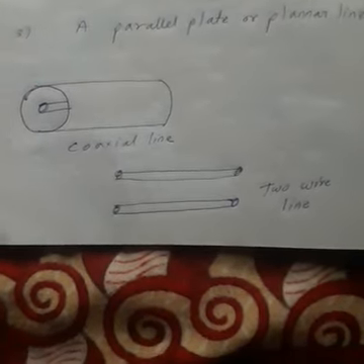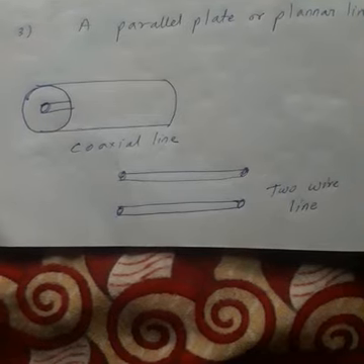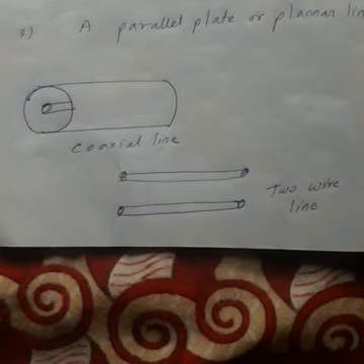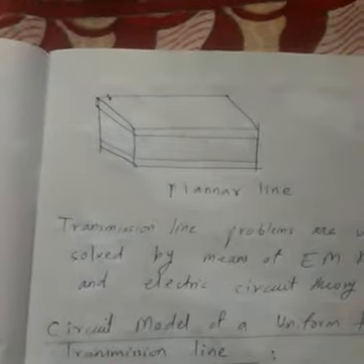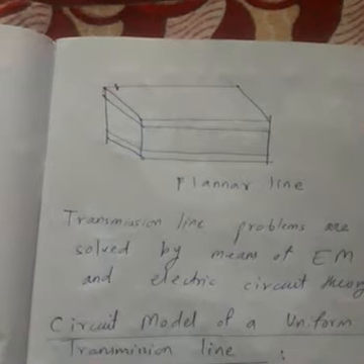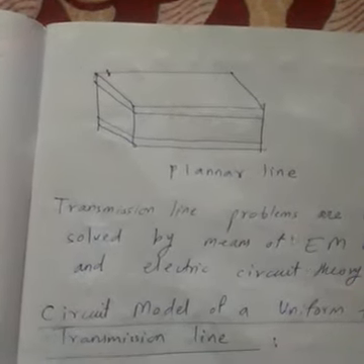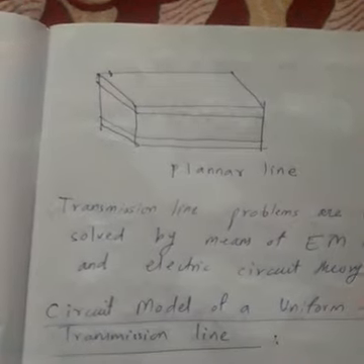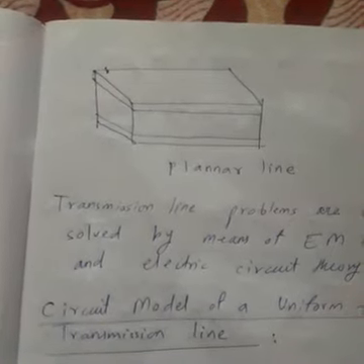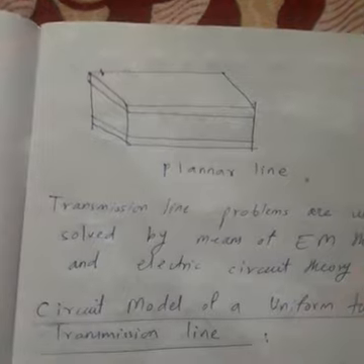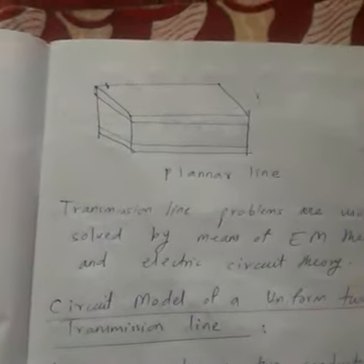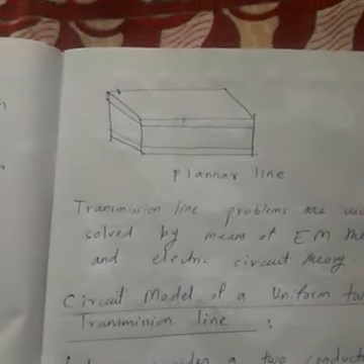The next, the two-wire line, you can see is very easy: two simple lines placed parallel to each other. The third type of line is a planar line. Here you can see two lines placed on the same plane. The strips are the lines. The lines are parallel to each other and on the same plane. Okay, so is it clear what the various types of lines are?